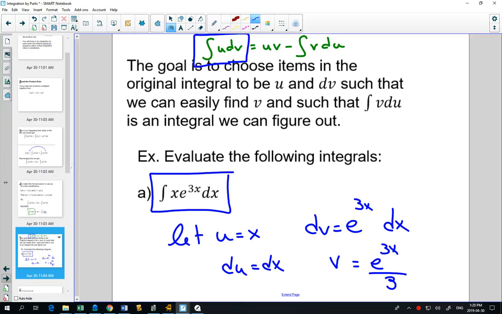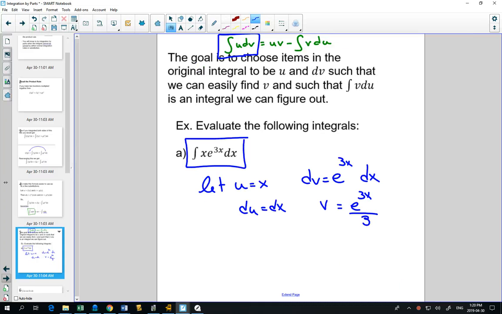We now apply the formula. So what we have is supposed to be equal to u times v minus the integral of v du. So we have equals u times v, x times e to the 3x divided by 3, minus the integral of v, e to the 3x over 3, times du, which is just dx.